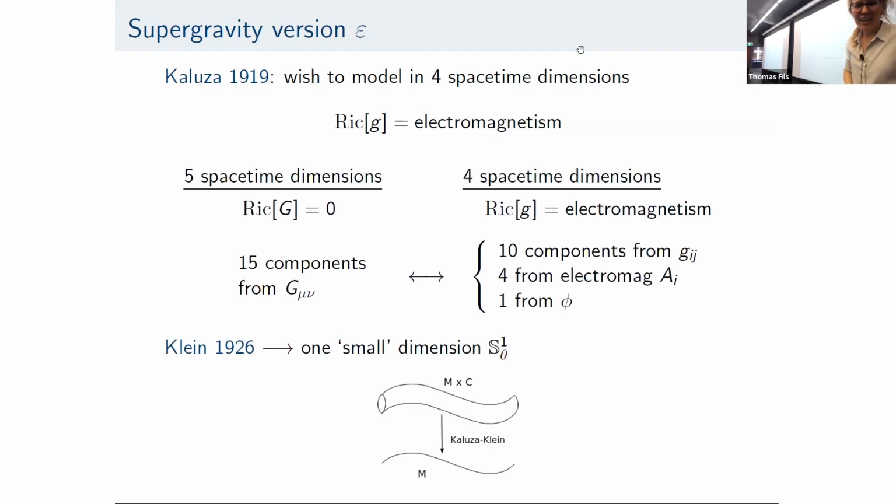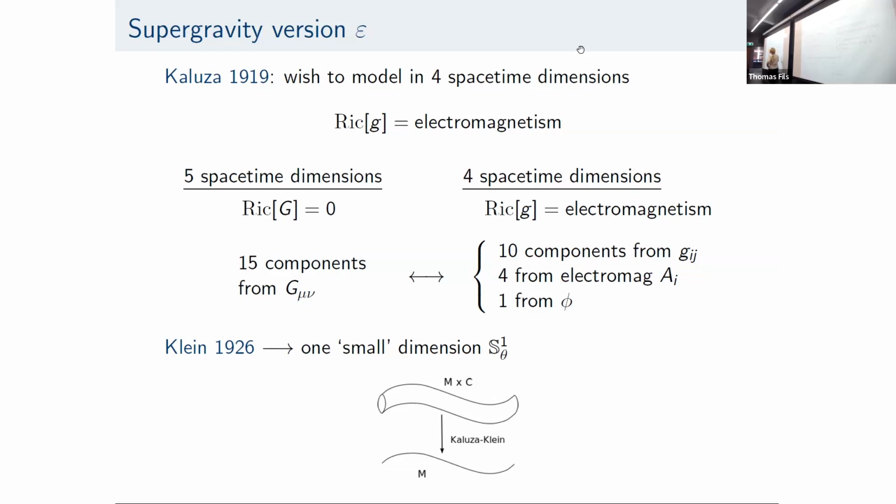So Kaluza, and Klein in a different capacity, realized the following. If I go to 5 spacetime dimensions and I look at vacuum gravity, so no matter, my metric tensor G has 15 unknown components. It's symmetric. 15 is conveniently the same as 10+4+1.